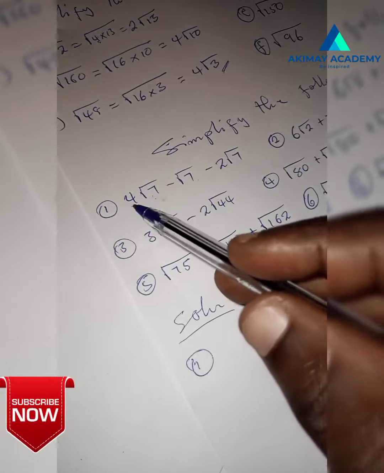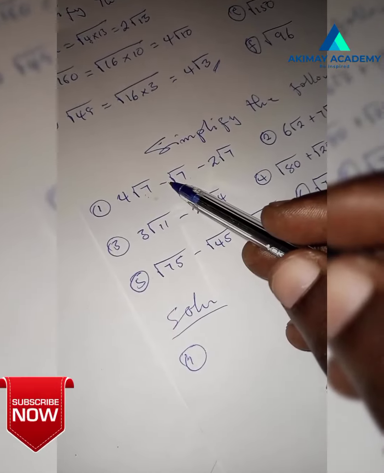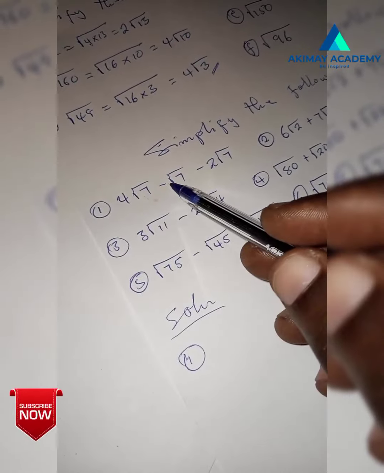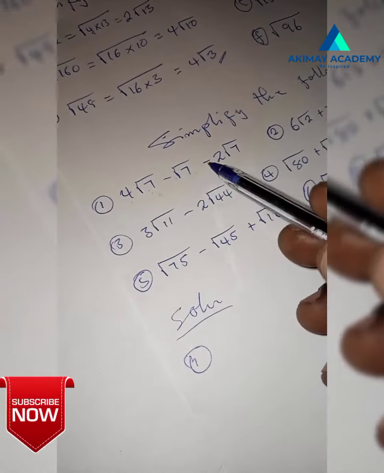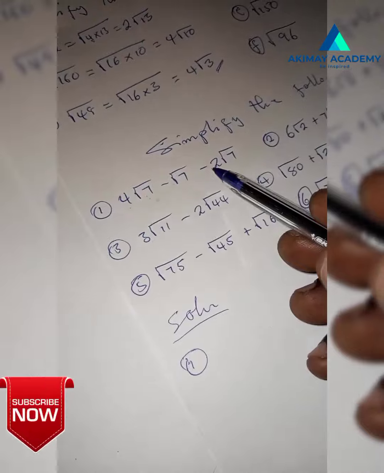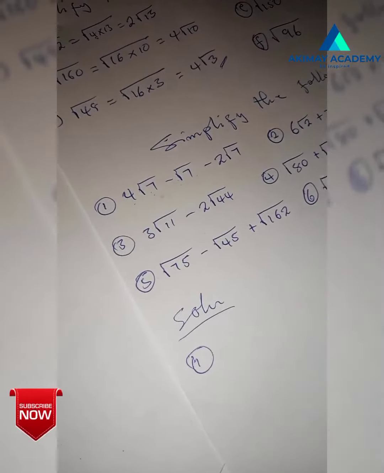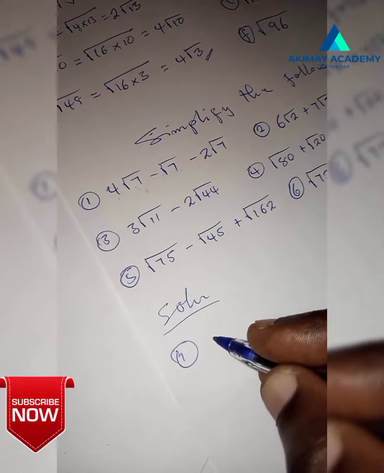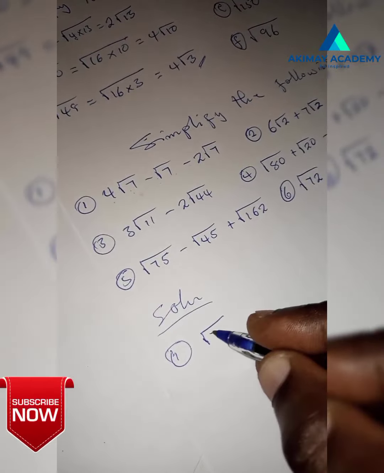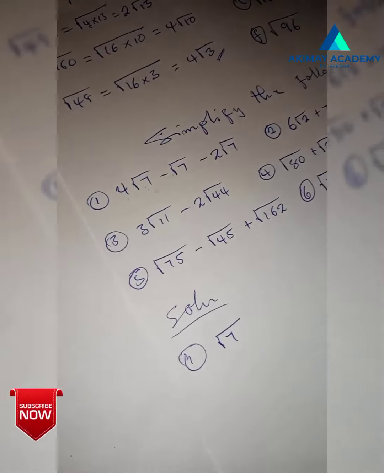So here we have 4. There's 1 sitting here, but we don't write it. So 4 minus 1 will give us 3. Then minus 2, so 3 minus 2 should give us 1. So meaning that we have 1 root 7.